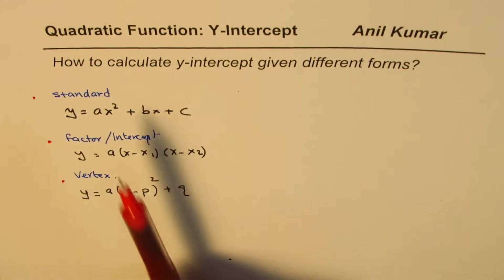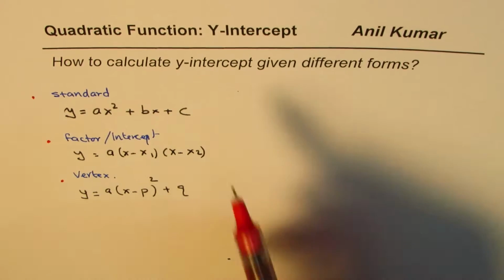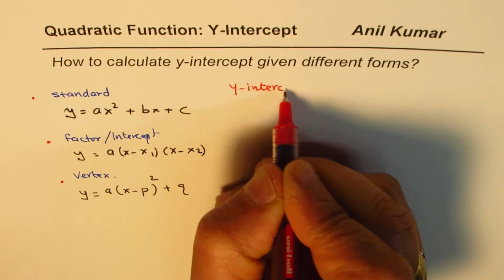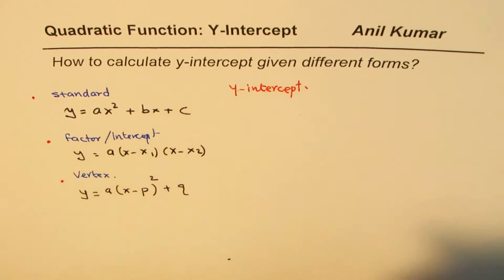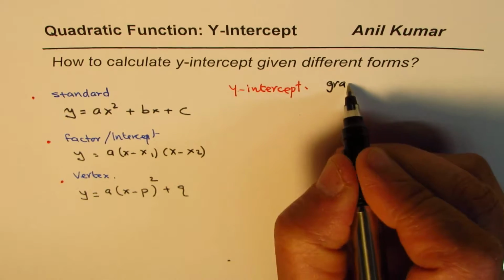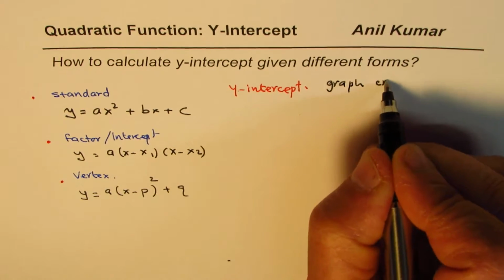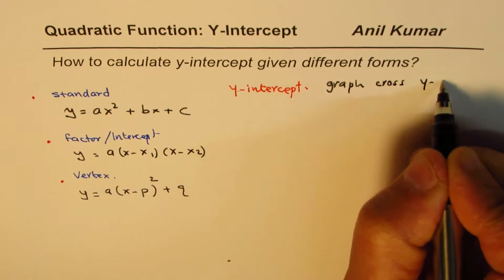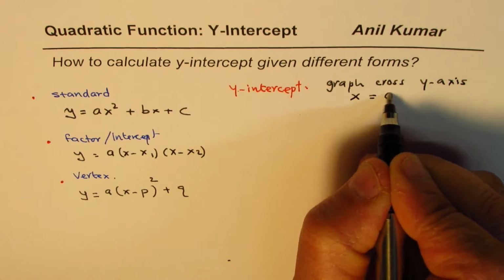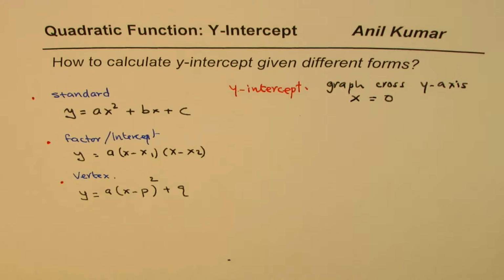Now the question is how to calculate the y-intercept. The y-intercept is a point where the graph crosses the y-axis. Simple as that. So at this point, x is equal to 0. So that is what the y-intercept is.